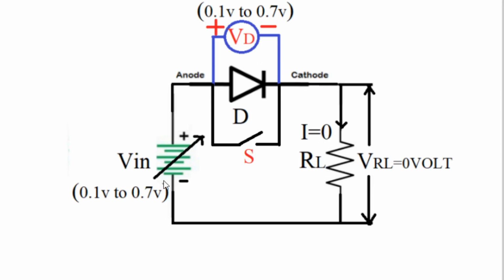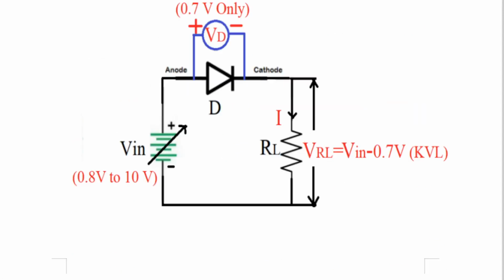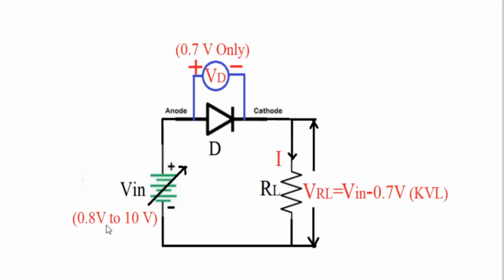The same diagram we will take here, but instead of 0.1 it is 0.8 to 10 volt. Therefore the diode will conduct and it will not be shown as an open switch, and that is what we have done over here. So you can easily understand, 0.8 to 10 volt, and therefore the diode will conduct, therefore current will flow through this.